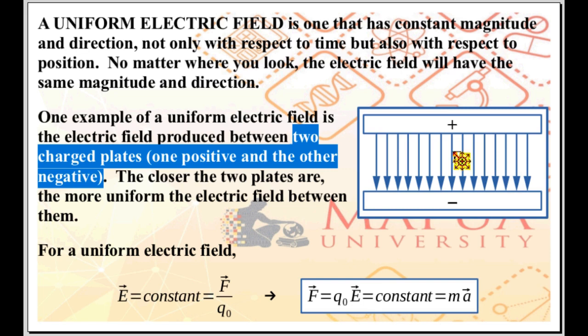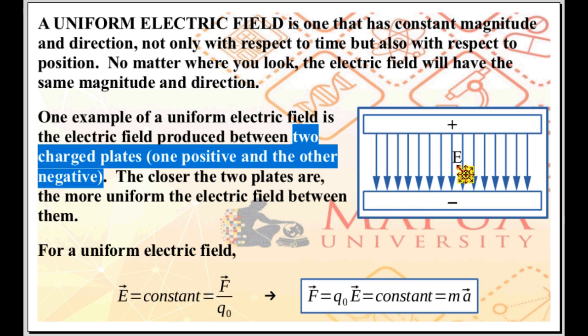And this is constant with respect to time. You have a uniform electric field. It has constant magnitude and direction, no matter where you look inside the plates and no matter what time it is.